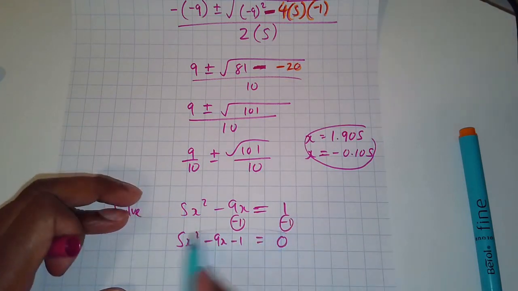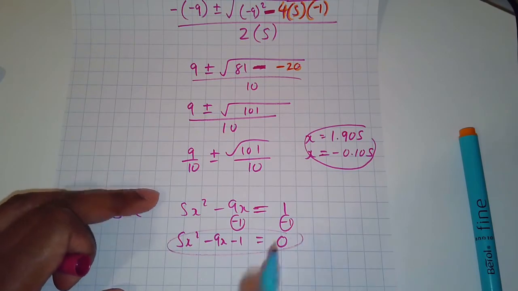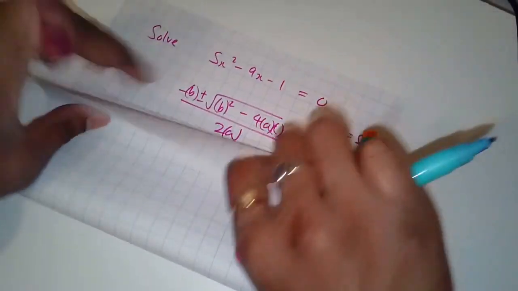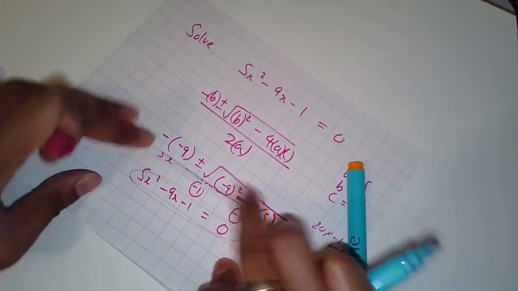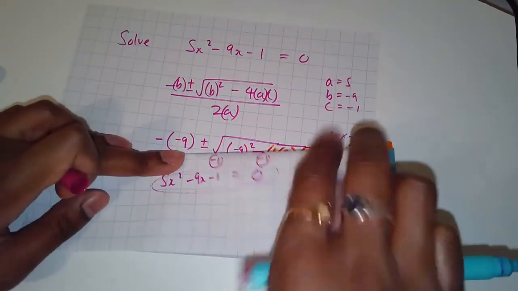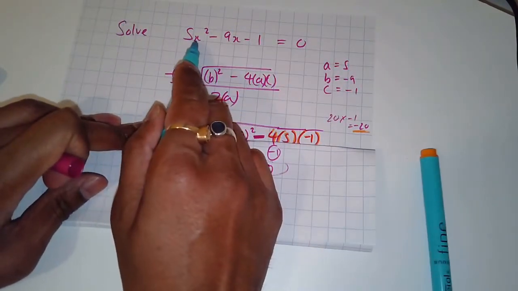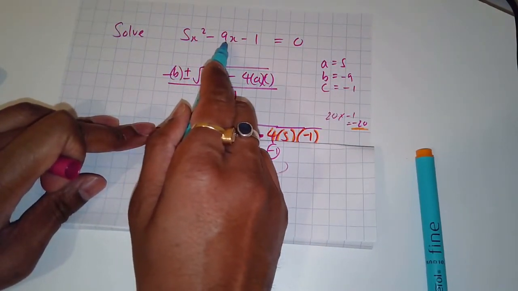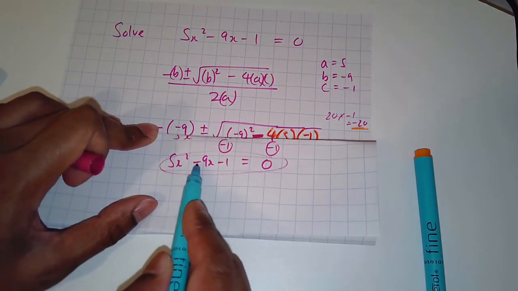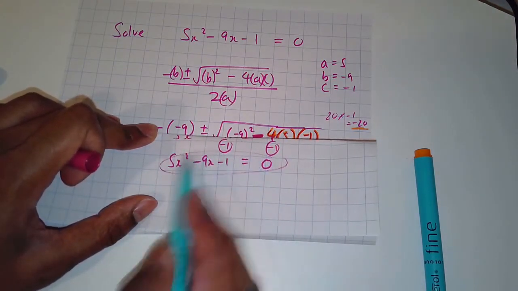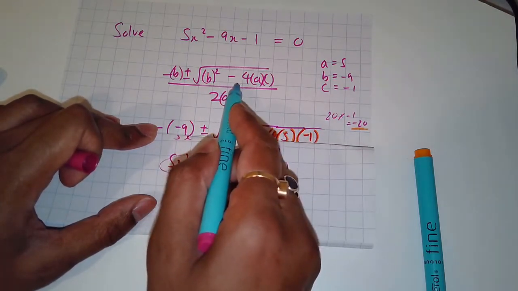There you go. Then that's solvable using the quadratic formula. In fact, that's exactly what I had over here. Look, that's what I solved. 5x squared minus 9x minus 1 equals 0. For this you can use the quadratic formula.